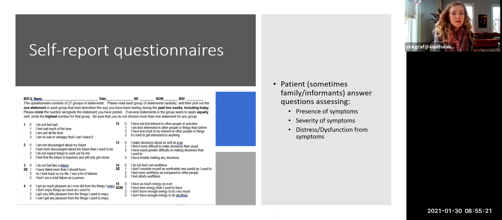This type of response scale is a little unusual in that each response to an item has its own separate wording. So for this symptom, which has to do with anhedonia, losing interest in things that you used to enjoy, when the symptom's not present, a person would circle, "I haven't lost interest in other people or activities." And then there are 3 levels of increasing severity of that symptom.